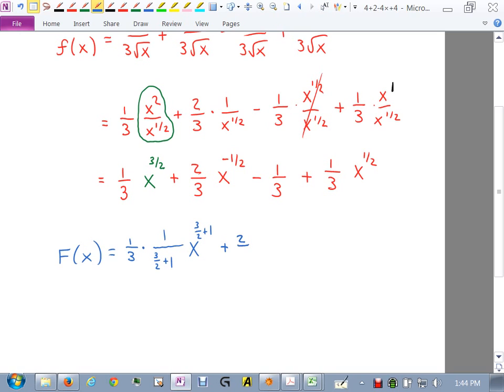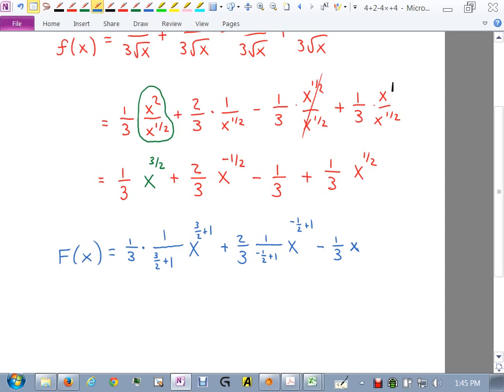Plus 2/3, 1 over, what is it, negative 1/2 plus 1? X to the negative 1/2 plus 1. What's the antiderivative of negative 1/3?